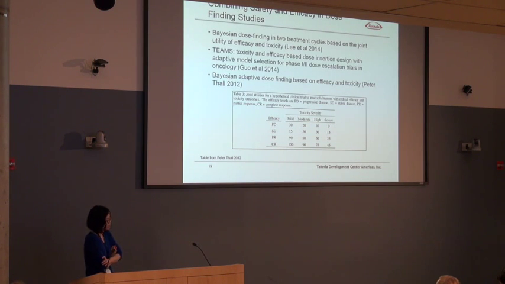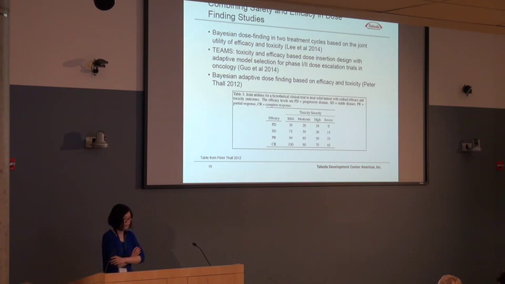So this is the combination of safety and efficacy information in those dose finding studies, and these are more for single agent. There are various publications about designs combining safety and efficacy information, and most of them are Bayesian designs.